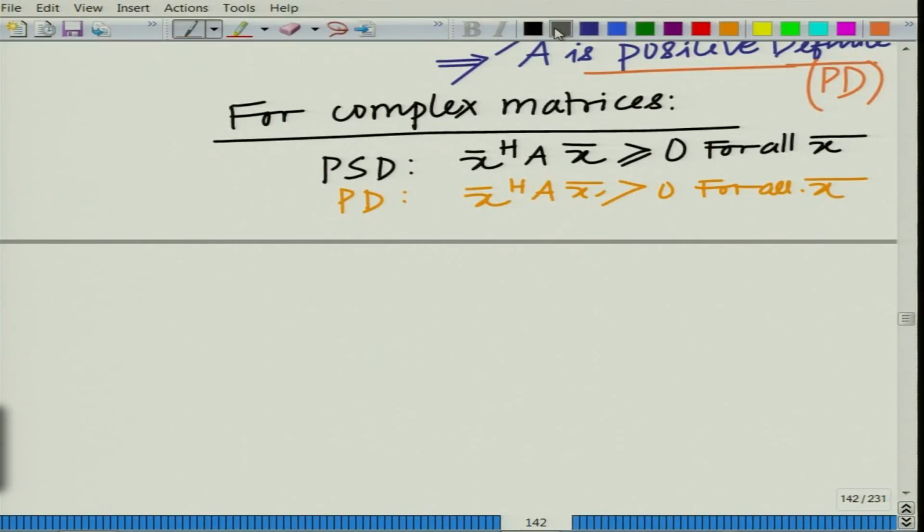Let us look at the properties of positive semi definite matrices, and of course, properties of positive definite matrices are very similar, right. The inequalities become strict.